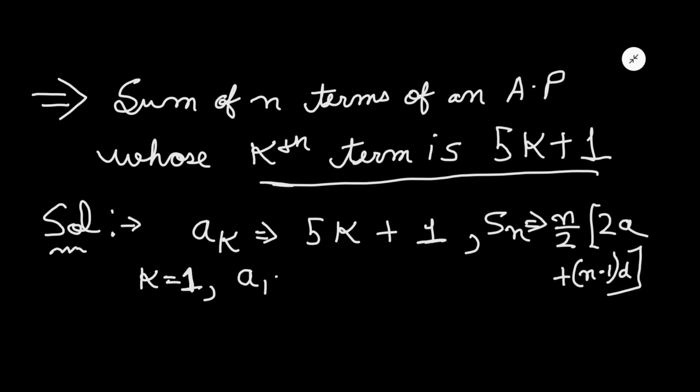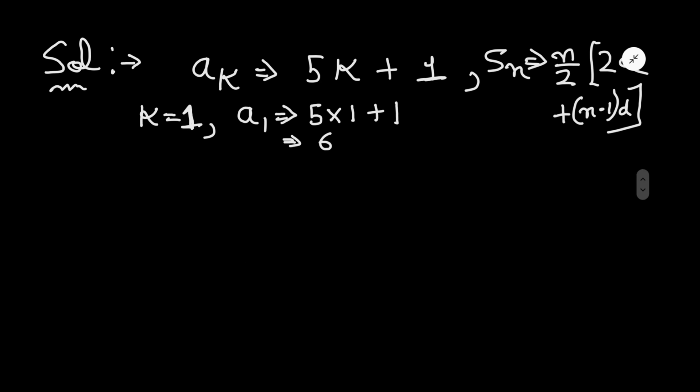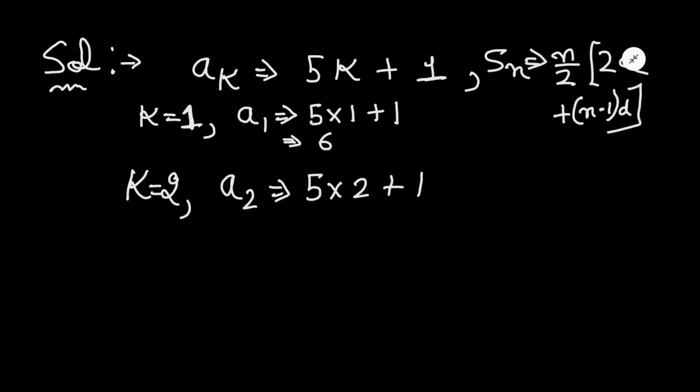Our first term will be 5 into 1 plus 1, which is equal to 6. Similarly, if we put k is equal to 2, we find our second term, which is 5 into 2 plus 1. So 5 into 2 is 10, 10 plus 1 is 11.